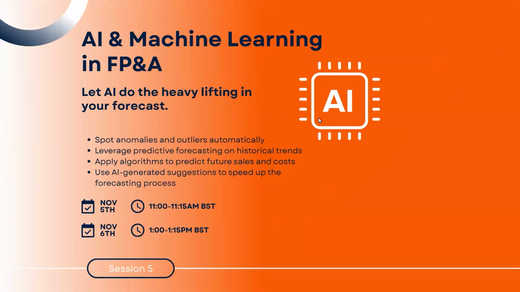In FP&A, AI helps teams become more proactive instead of reactive. AI can automate data analysis. It can detect patterns some humans might miss, and it can provide predictive insights such as future revenue, future cost or cost trends, or cash flow.